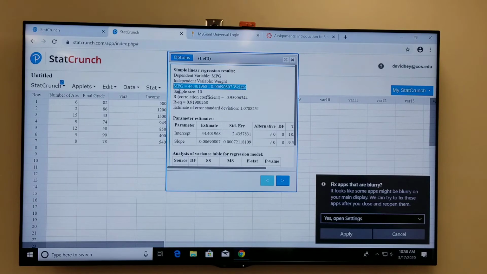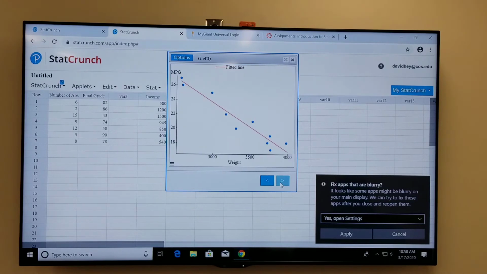Miles per gallon is y, weight is x. So you would say y equals negative 0.007x plus 44.4, or something like that. I'm just rounding. Another place you can see it is if you scroll over to where your scatter plot was and hover your cursor over the red line, then you see the equation for the line there as well.